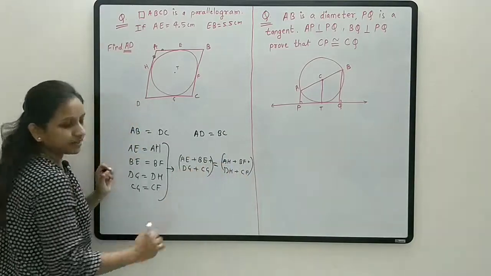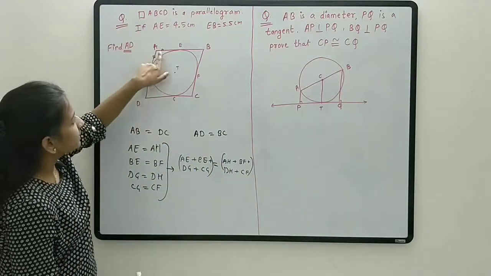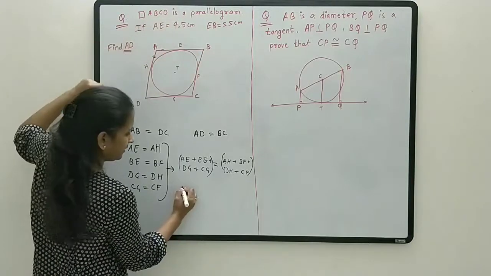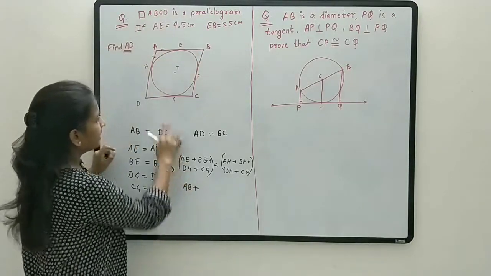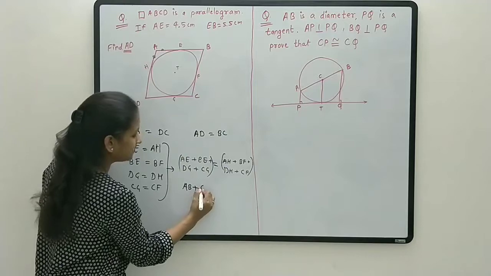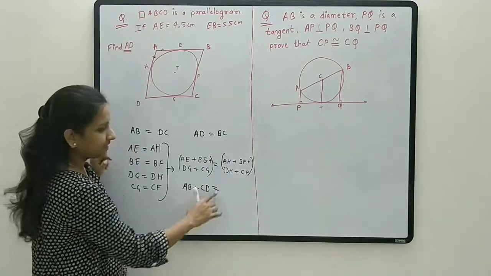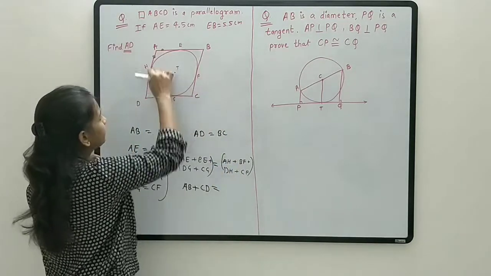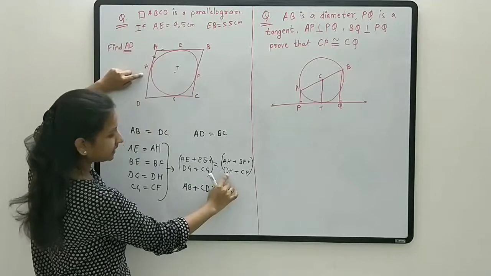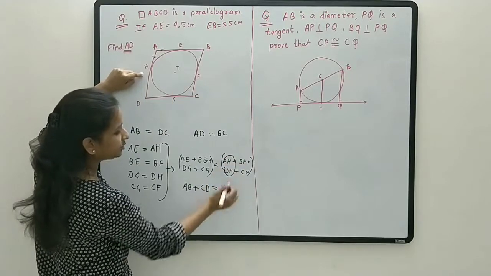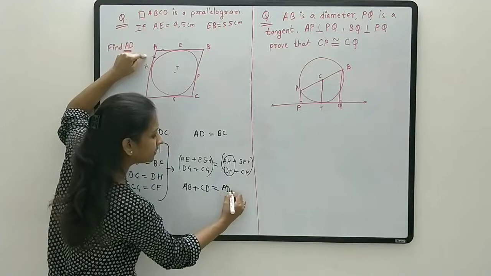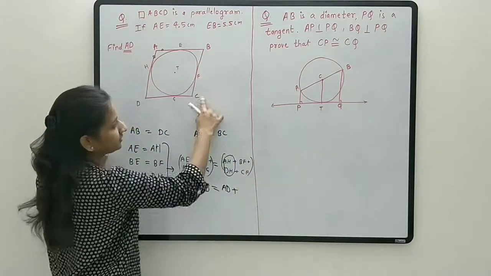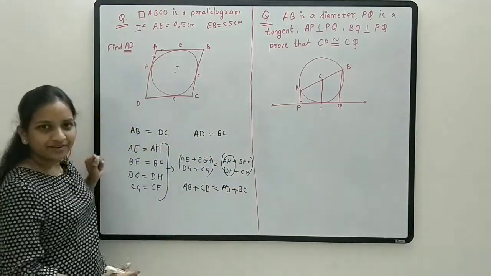Here AE plus BE is AB, and DG plus CG is CD. This is equal to AH plus DH, which is AD, plus BF plus CF, which is BC, fine.